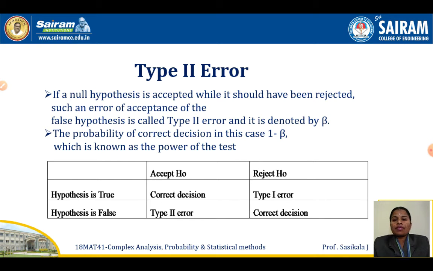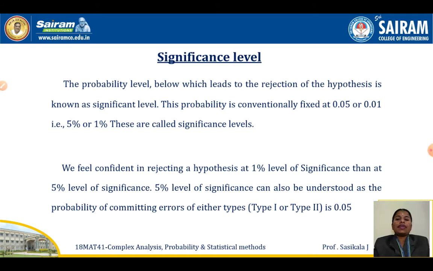Now the next one, significance level. The probability level below which leads to the rejection of the hypothesis is known as the significance level. The probability is conventionally fixed at 0.05 or 0.01, that is 5% or 1%. These are called significance levels.